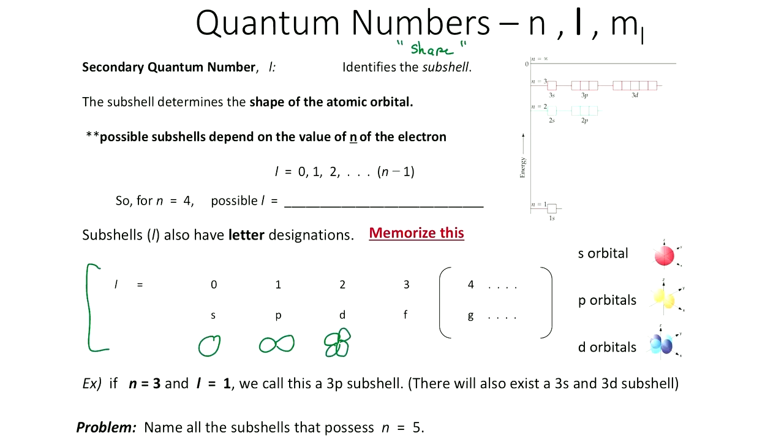So those L values actually have meanings. Remember, it's a solution to the Schrodinger equation. These L values, these secondary quantum numbers, are actually the number of angular nodes inside that shape. So what is an angular node? My analogy is to think about the L quantum number like a balloon animal.